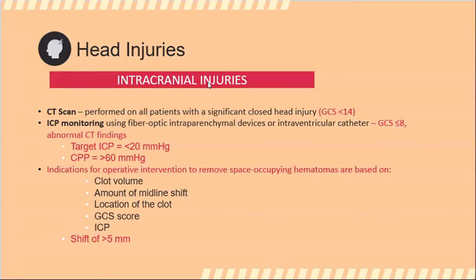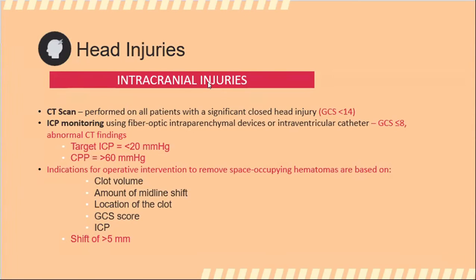As I mentioned last night, if mataas yung volume, more than 20 to 30 ml yung bleed, most likely it will cause a significant mass effect on your cerebral parenchyma, causing head injury or possible herniation. Your CPP or your cerebral perfusion pressure must be above 60 millimeters mercury.